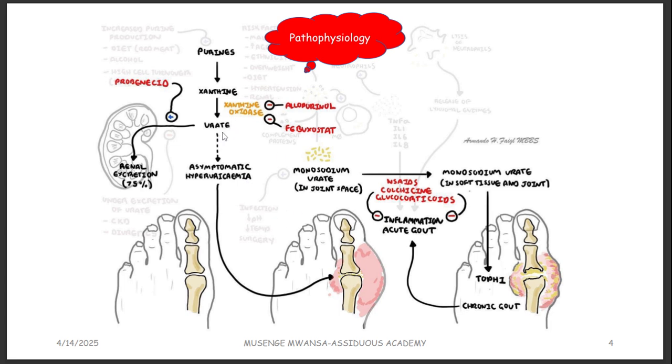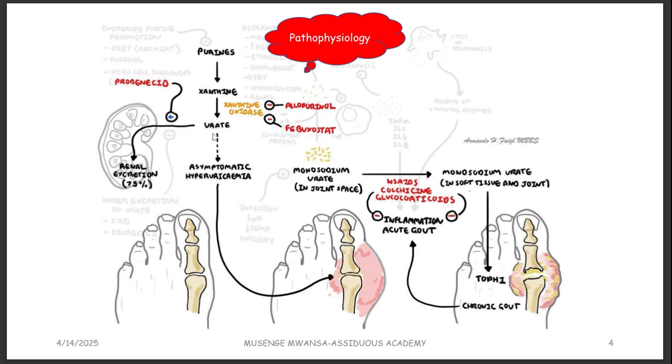So on the treatment of gout, these are the stages basically that are going to be involved. To stop the xanthine from being converted to urate, you can block the enzyme xanthine oxidase using the drugs allopurinol and febuxostat.